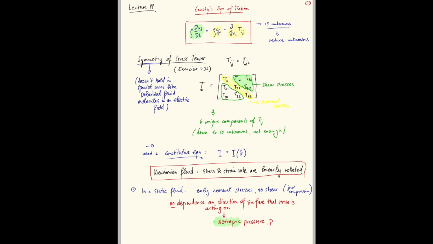And as a result, we can write our stress tensor in the static fluid case as Tij equals minus P times delta ij, because delta ij, the Kronecker delta, is the only isotropic second order tensor.